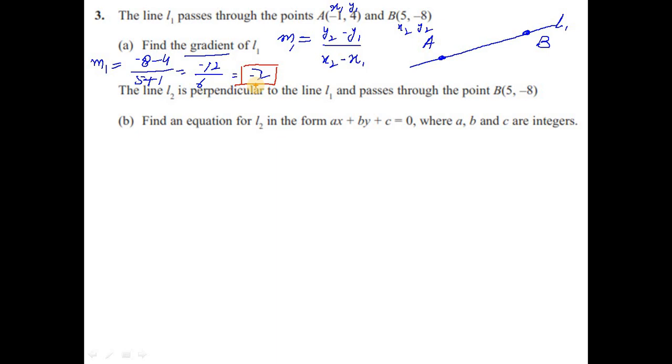The line L2 is perpendicular to the line L1 and passes through the point (5, -8). Find an equation for L2 in the form ax plus by plus c. You need to find the equation of a line. So the first choice in order to find the equation, we have the general form, y minus y1 is equal to m times x minus x1.